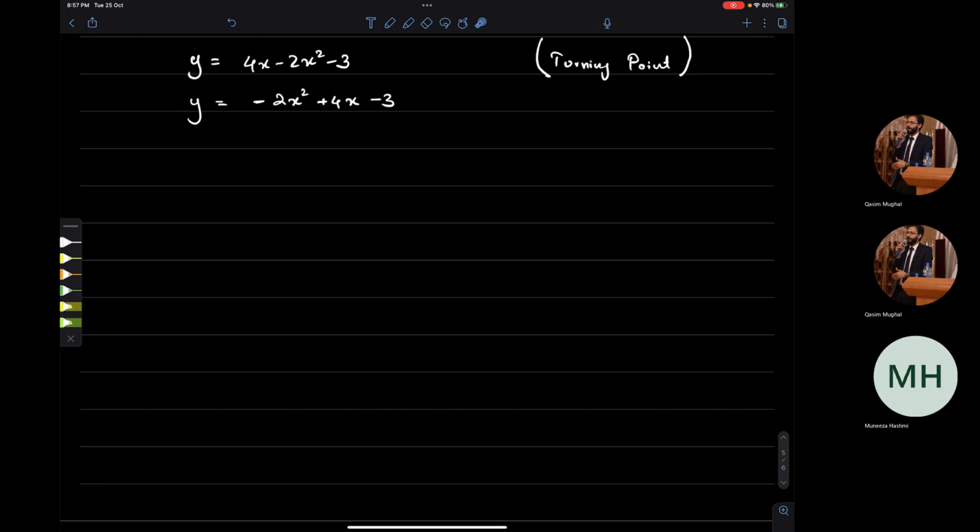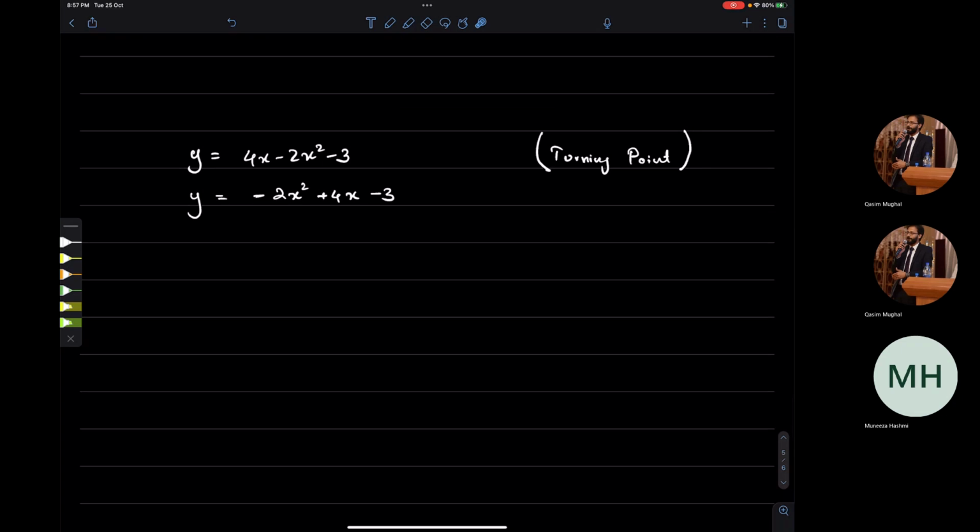All right, let's just see if we can factorize it. So minus 2 times minus 3 is plus 6x squared. So we need the two numbers which, when multiplied, give you plus 6, and the sum of them should give you 4.